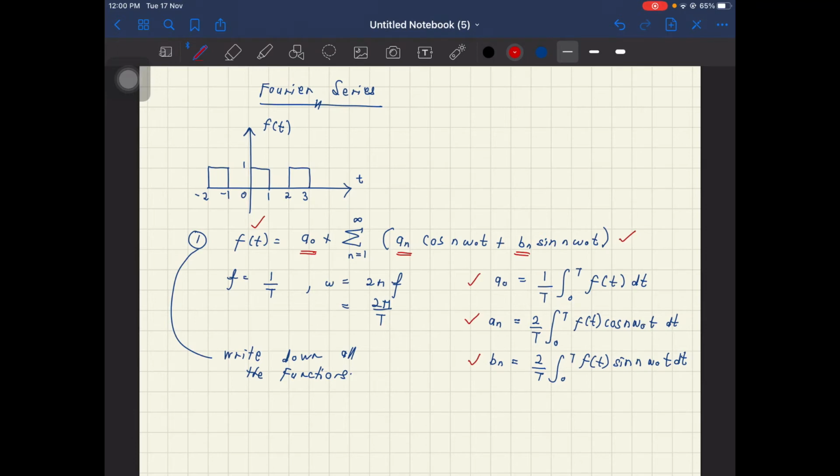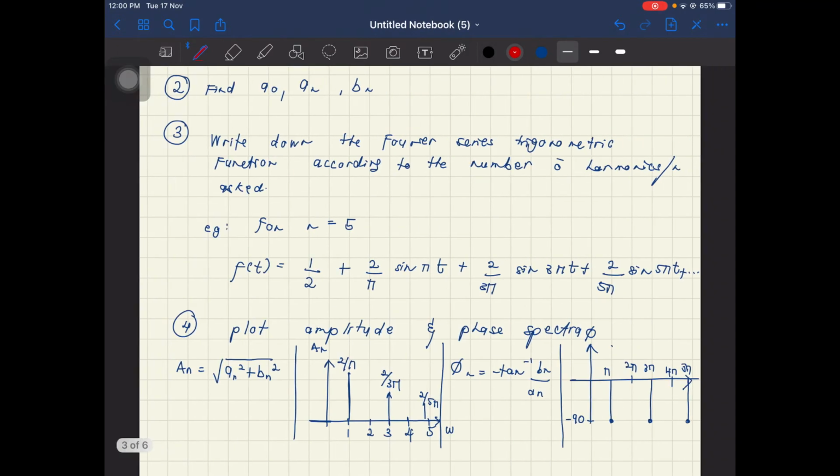Okay, so after you have written down all the coefficients, what you have to do is find the a naught, an, and also bn, and after that write down everything, the Fourier series trigonometric coefficient according to the number of harmonics that is asked, or sometimes probably the question just asks you to find for n equals 5.